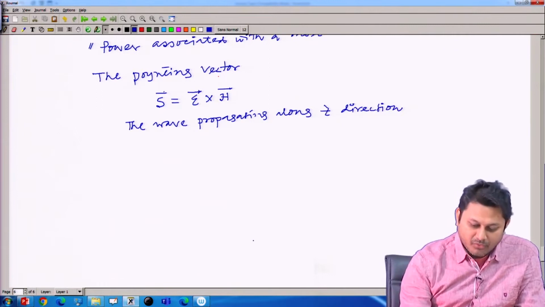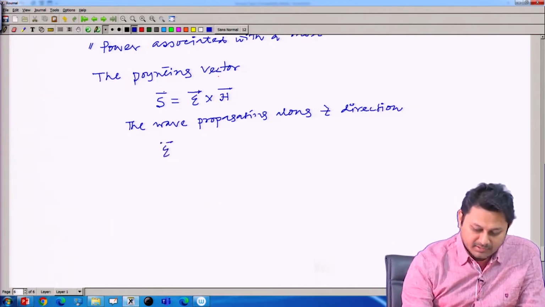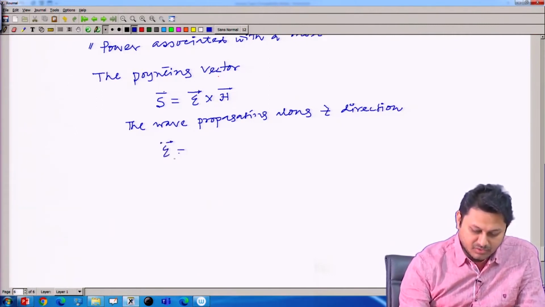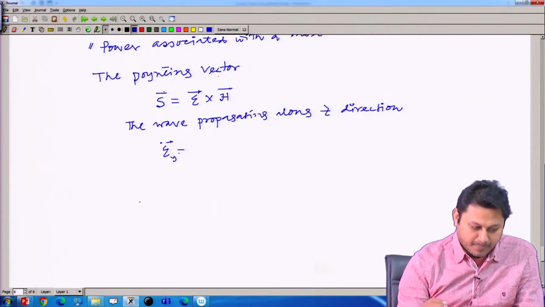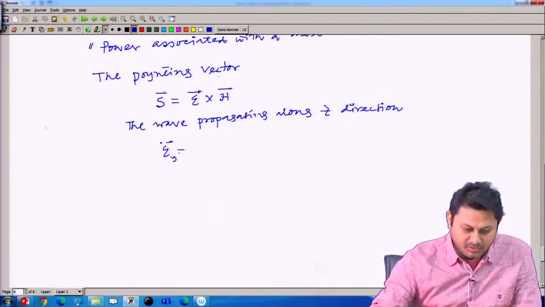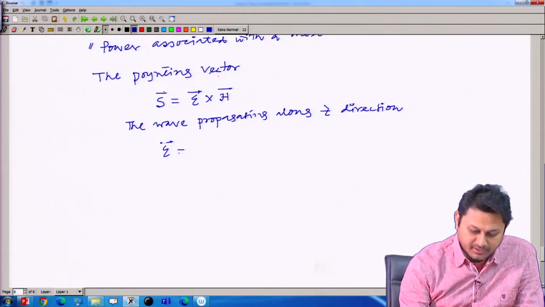will have a form of E as this, that we already find, sorry, it is not E y, the general form is E vector E is equal to E of x e to the power I beta z minus omega t.